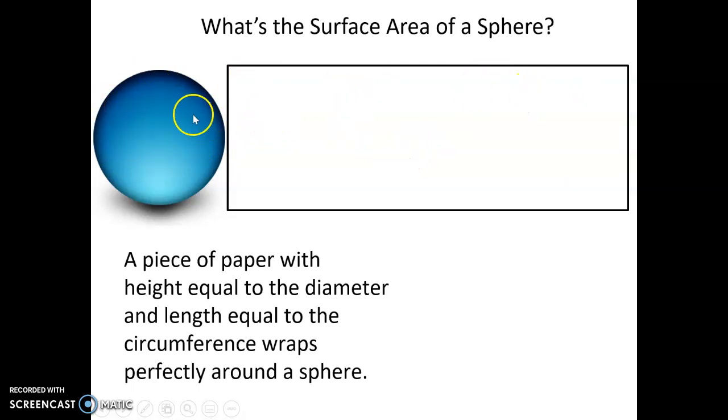Imagine that, taking this and wrapping it around there. Yes, it would get kind of crinkled up if you were pressing it on a sphere, but this surface is exactly what the surface of the sphere is. It's kind of amazing to think about it that way.